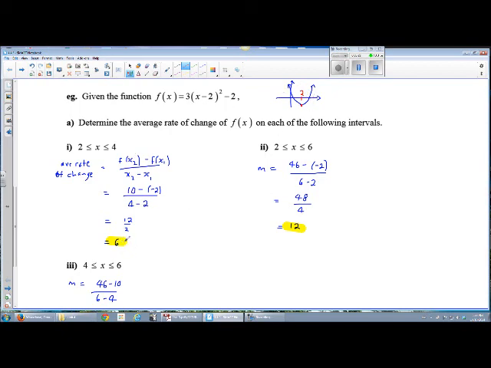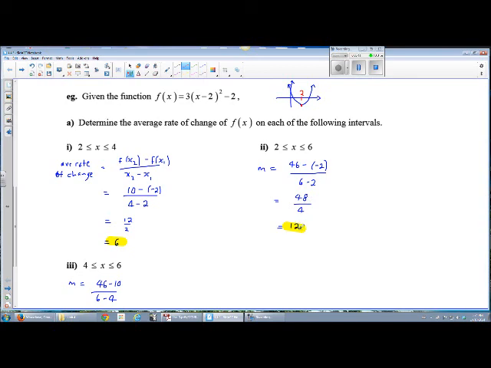If I were more proficient at this program, I would draw a line in there. And then from 2 to 6 in that interval, 6 is further to the right. And you can sort of imagine that the line would be steeper, and thus we can tell that the slope is 12.